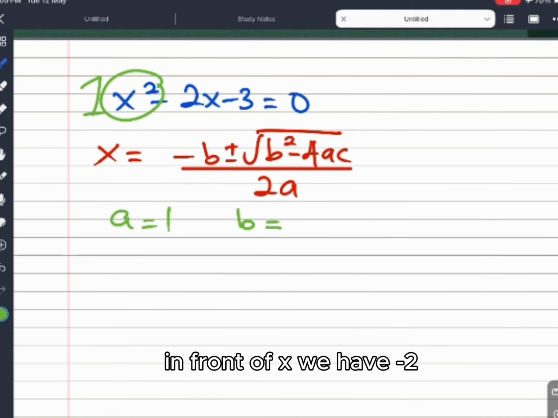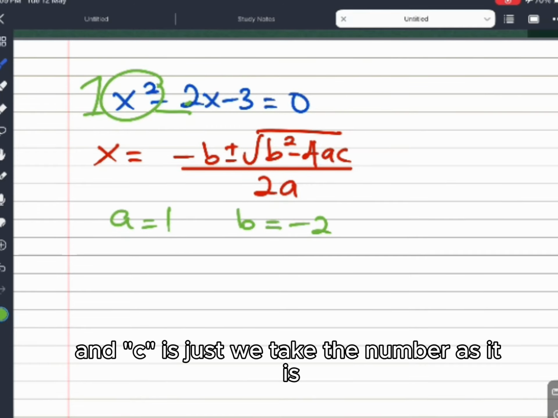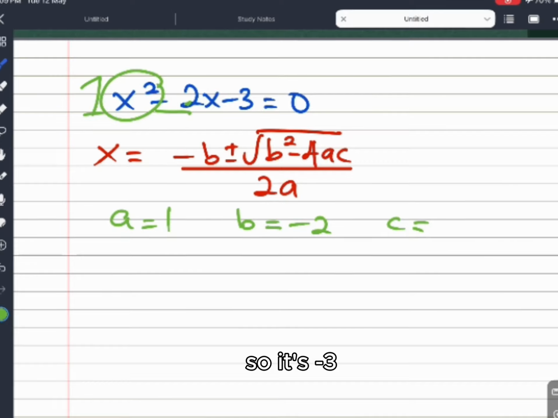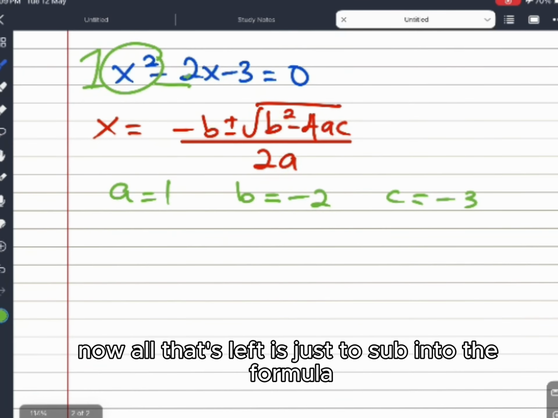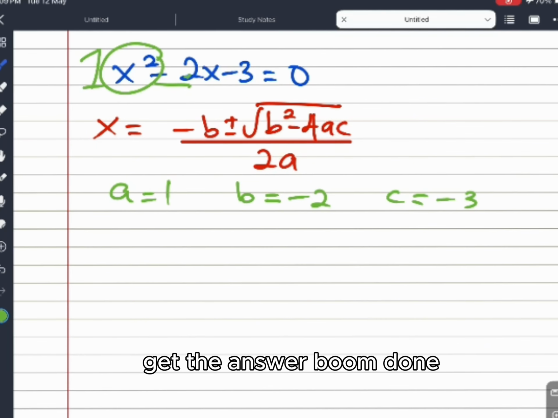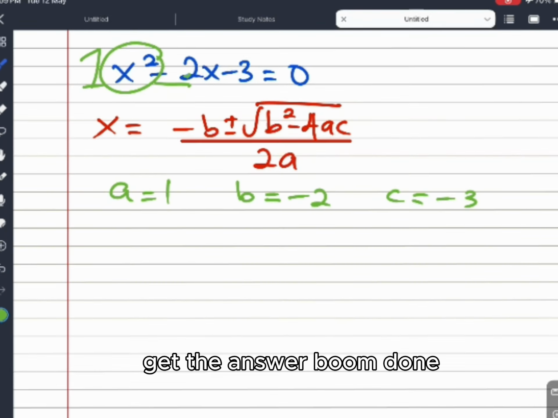In front of x, we have negative 2. Not 2, but negative 2. And c is just the number as it is. So it's negative 3. Now all that's left is just to substitute into the formula, get the answer, boom, done.